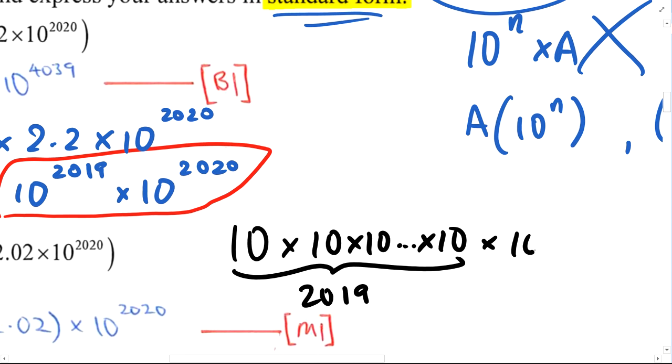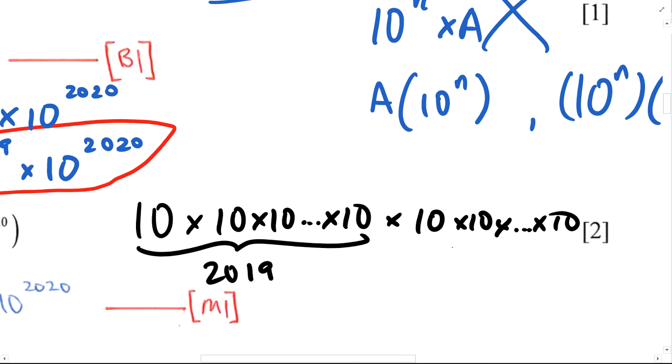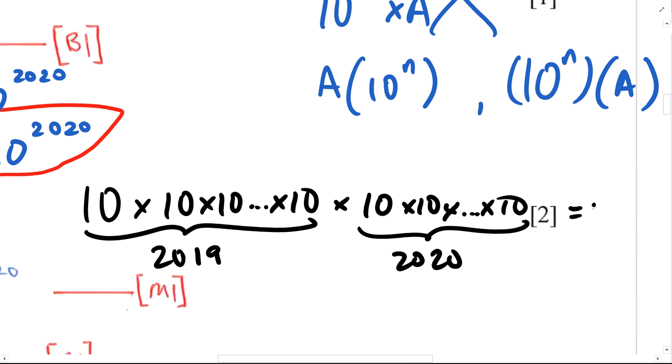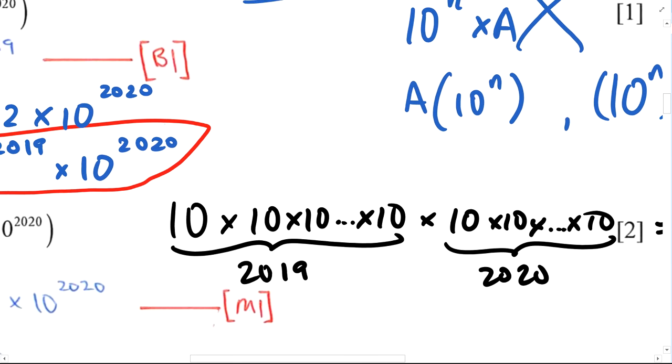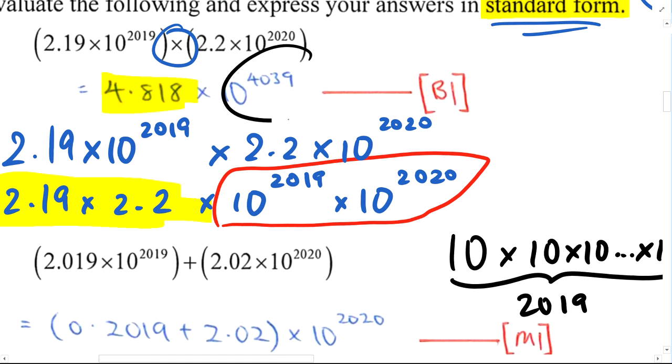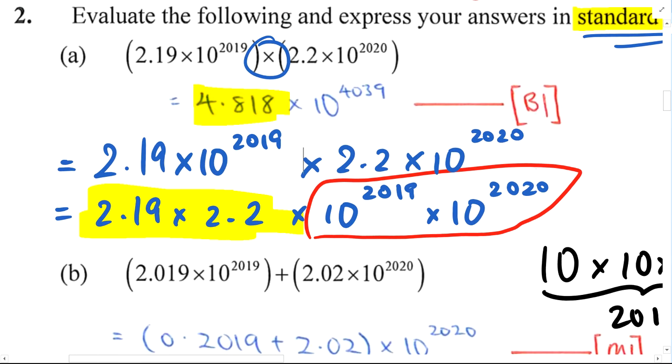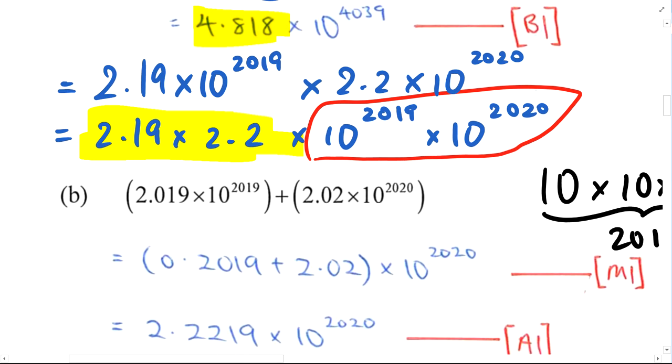Then we multiply this by again 10 times 10 times dot dot dot times 10. Over here we've got 20 of them. So total how many 10s are there? 2019 plus 2020. Okay, and that's how you get 4039. So 1 mark question. And now part B.